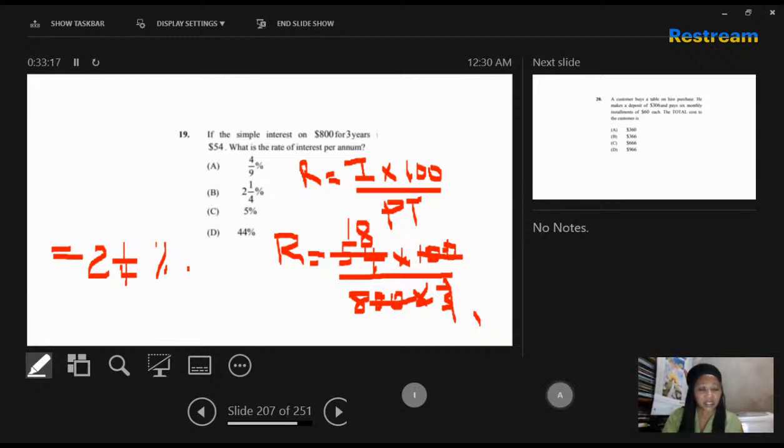So it's 2 1/4. Which letter is that? That is B.